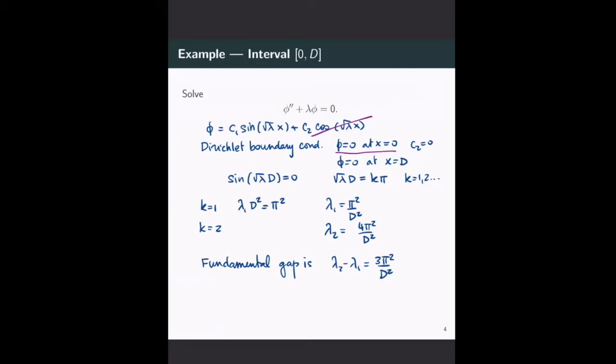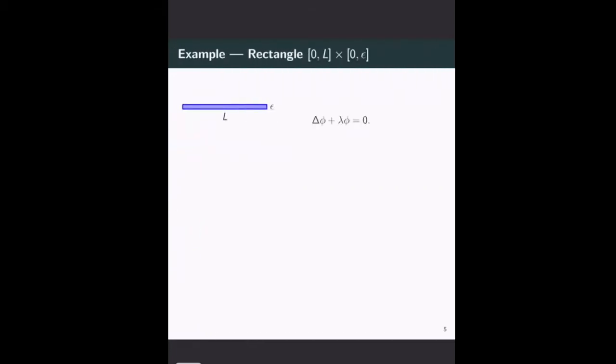The second example is only slightly more complicated. It is now a rectangle of length L, and the height is epsilon, and yes, epsilon is going to be much smaller than L. We have done this too in graduate courses.